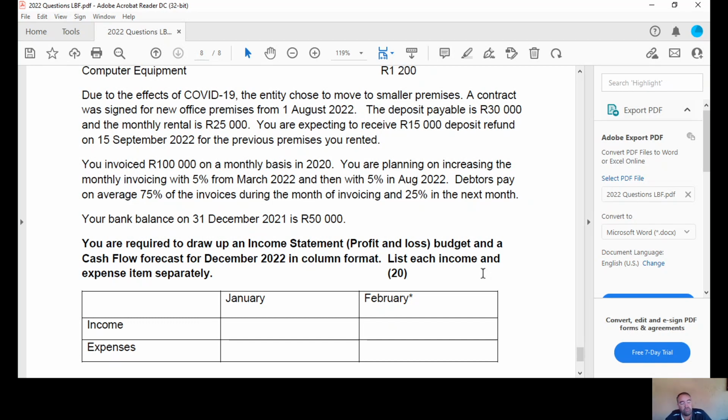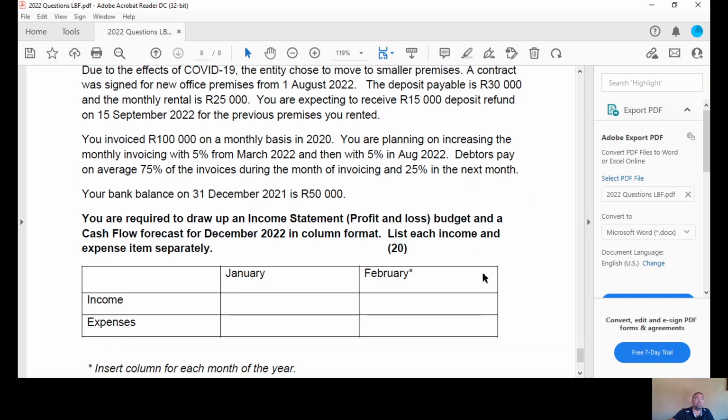So that December fees, 25% will be received in January 2022. So it's a bit of a tricky one. Just remember that. Okay, then it says your bank balance on 31 December 2021 is 50,000 Rand. So that's the opening balance of your cash flow forecast.